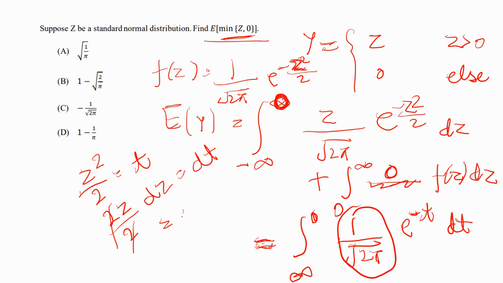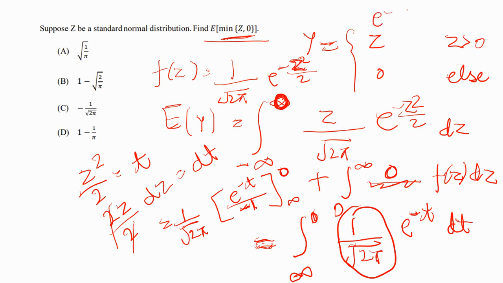So it will be 1 upon root 2 pi, and for e to the power minus t, its integration will be e to the power minus t divided by minus 1, right? It is from infinity to 0. So when we put 0, e to the power 0 will be 1, so it will be minus 1, and at infinity it will be e to the power minus infinity.